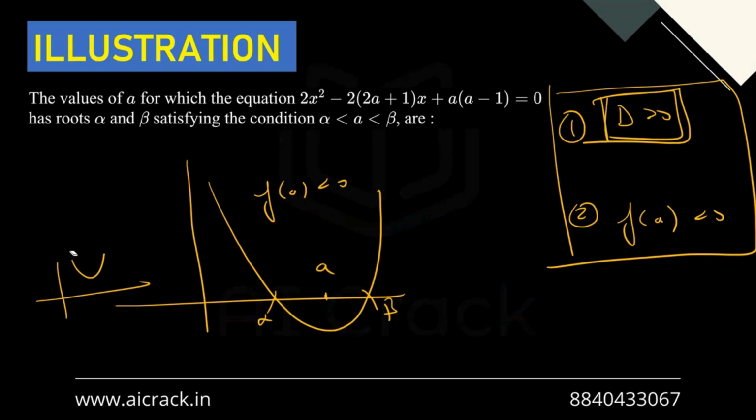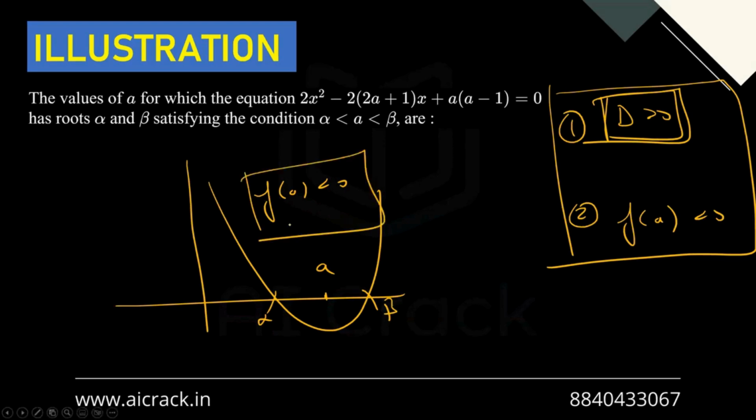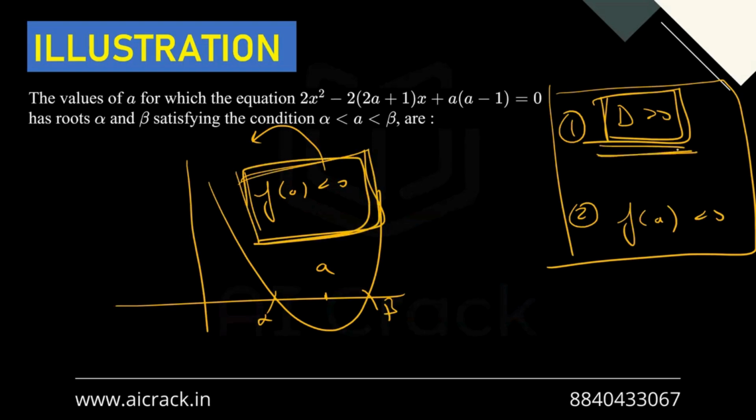So when we apply the condition f(a) < 0, it automatically includes D being positive, because that is only possible when alpha and beta are distinct. Or vice versa, if this is possible, then alpha and beta are going to be distinct. That basically means this condition encompasses the other condition as well. This condition is going to be the superset, and the final answer would come from this only.